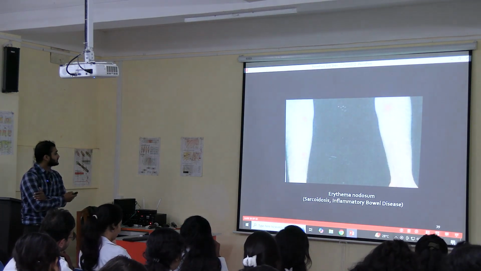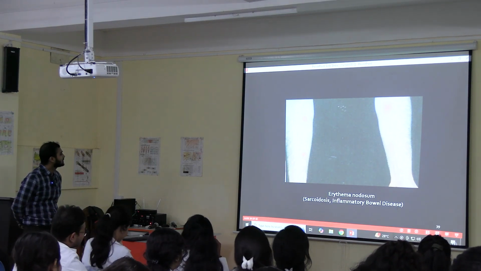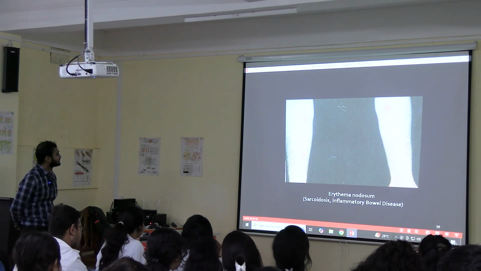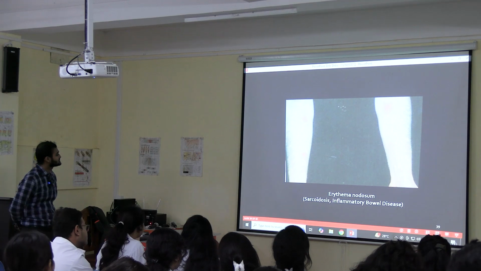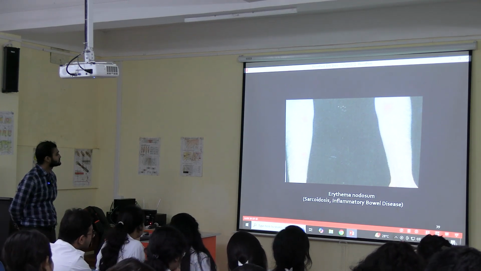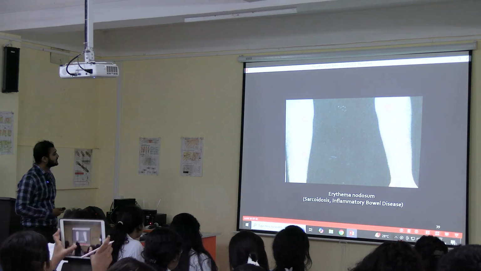This is another condition of the skin where there is reddish coloration. In inflammatory bowel diseases and sarcoidosis we can see nodule formation on the skin.